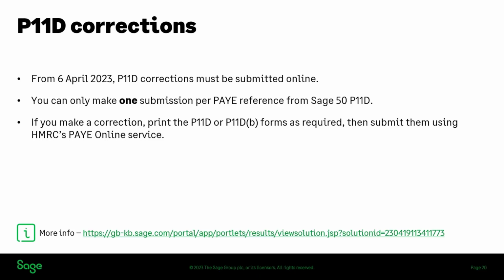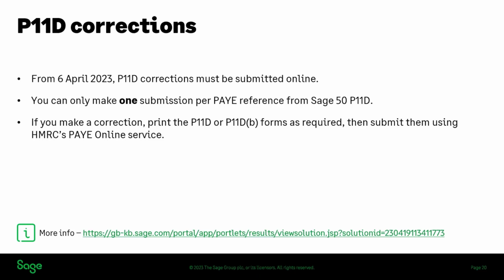So if you've already done that 1 submission, to make a correction, correct the records in your software and print the relevant form. So print the P11D for any employee that you've corrected and the employer declaration, and then use those printed forms as a basis of submitting the information online via HMRC's PAYE online service.